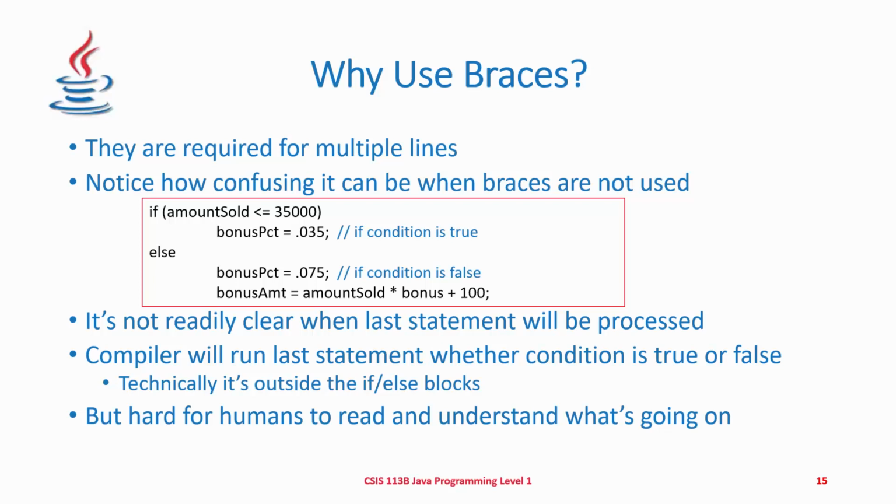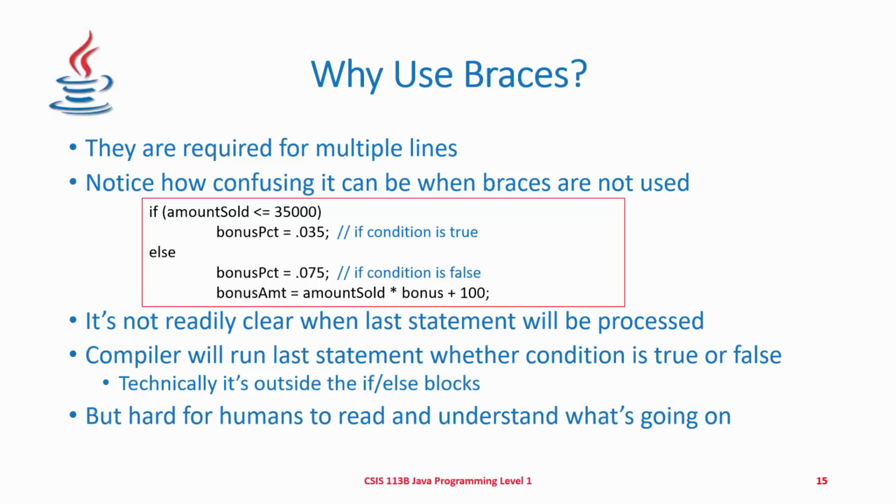And then the question is, well, that next line, the last line, does that go only with the else? Or does that get processed in either case, the true or the false case?